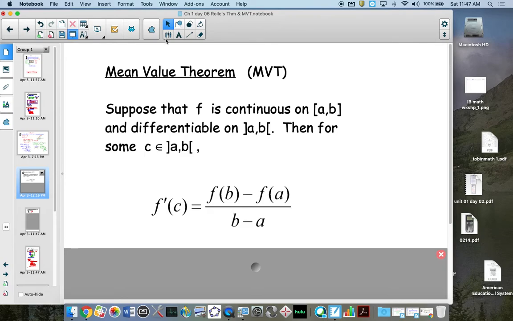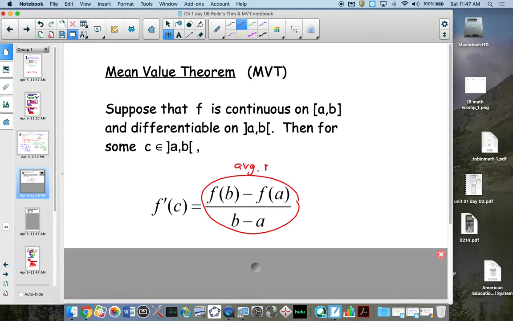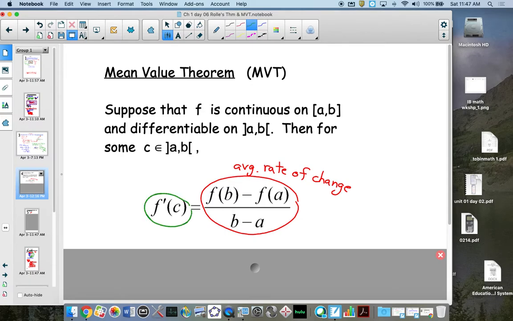So if you go back to the opener from part one, you might realize that this represents the average rate of change of that function over the interval from a to b. And then this, f prime of c, obviously represents the instantaneous rate of change, i.e. the derivative.